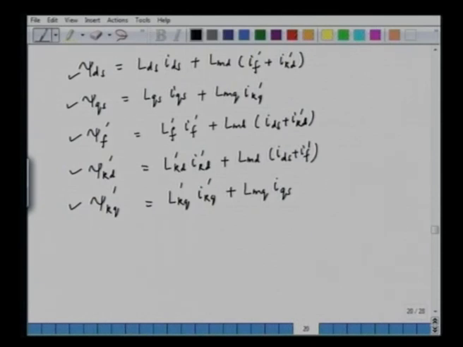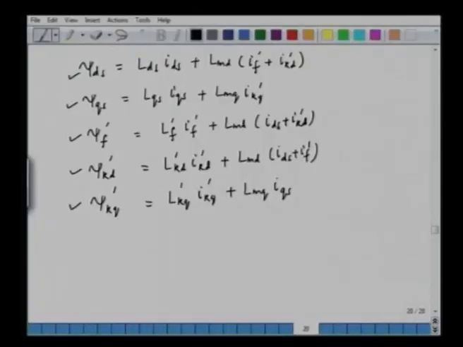When we draw the equivalent circuit, we have to understand that all the variables are referred from the primary side, and hence we have to multiply by the appropriate number of turns to get the variables on the primary side. The rotor variables referred to the primary side are shown as prime variables like psi f prime, psi kd prime, and psi kq prime.